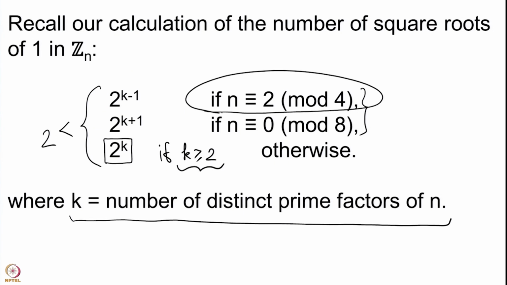That is the situation that we are looking at, and here once again we have 2 power k minus 1. Among the k, one of the primes that you have is already equal to 2.